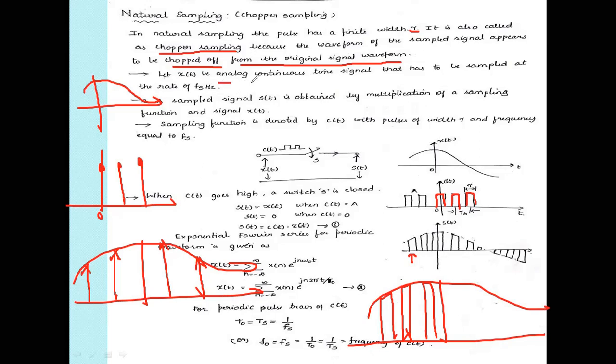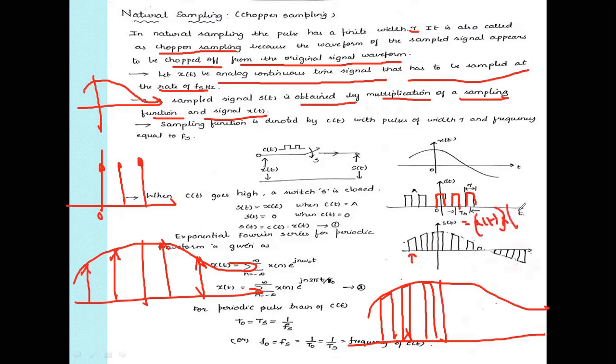Let x of t be the analog continuous time signal that has to be sampled at a rate of fs, the sampling frequency. The sampled signal s of t is obtained by multiplication of the sampling function and the signal x of t. So s of t is equal to x of t into, let us take, g of t.